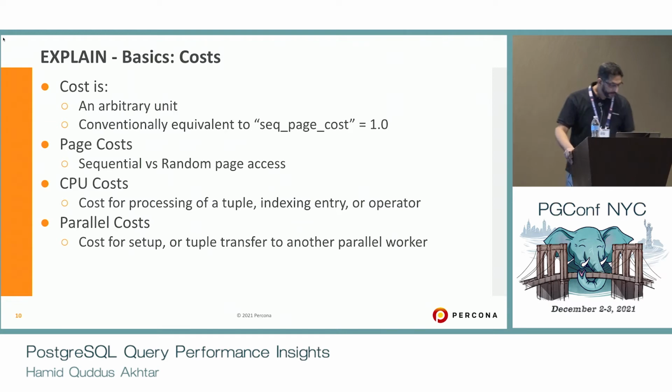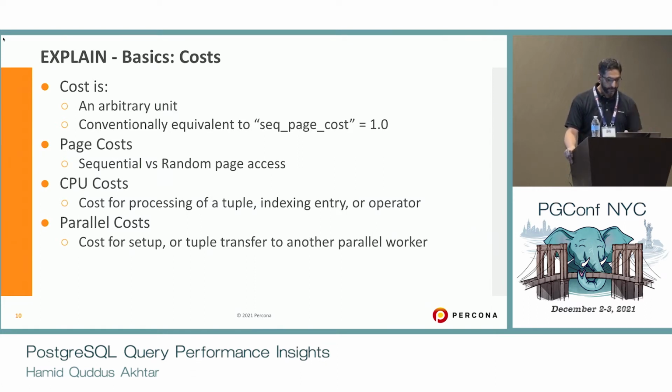The CPU cost is basically the amount of effort that we're expecting to process a row, a tuple. There are different types of tuples, for example, whether it's from a relation, from an index, or whether we need to perform a certain operation on that row, such as a filter operation.